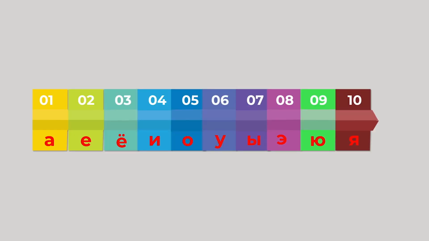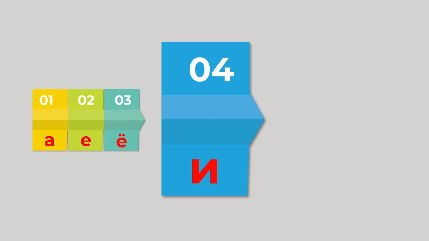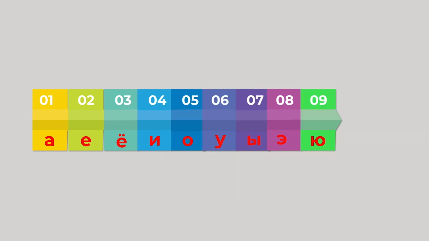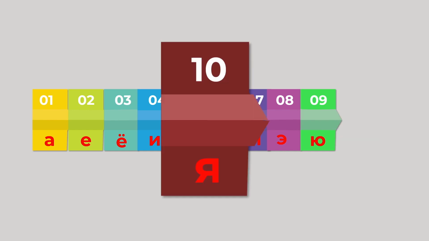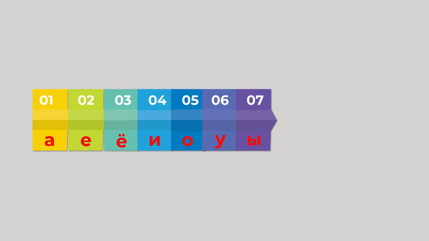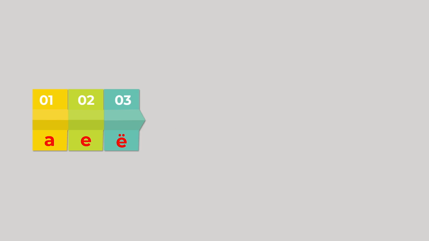Alright, here you can see these vowels, as we can count them: A, Ye, Yo, E, U, E, U and Ya. All these vowels, which are 10 in number out of 33, are very important and have their peculiar sound.